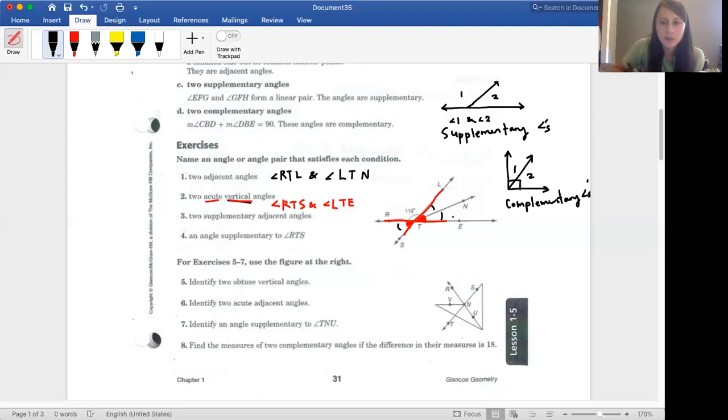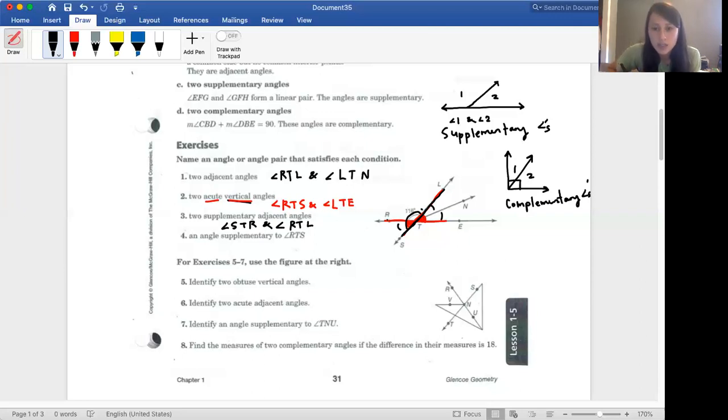Okay, so two supplementary angles, basically two angles that add up to be 180 degrees. So in some ways, it's also looking at a linear pair. So like this right here is a line, that's 180 degrees. This would be 180 degrees. So I could say STR and RTL are supplementary angles and adjacent, they're touching.